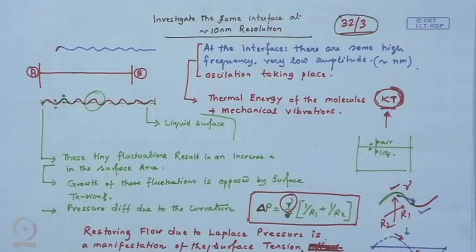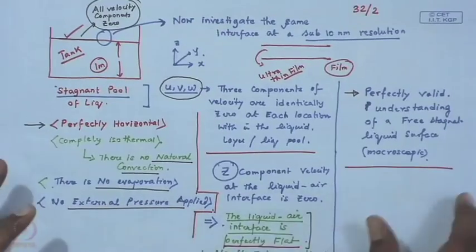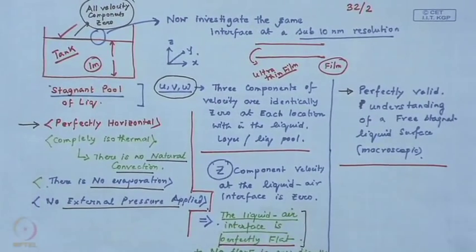origin in the thermal energy or the thermal vibration of the molecules, which is attributed to the kT component of internal energy. And of course, there can be some mechanical vibrations in a real situation which can also augment or lead to these fluctuations. The important thing to understand is that we have not assumed anywhere that we are talking about a liquid pool at an absolute 0 temperature.